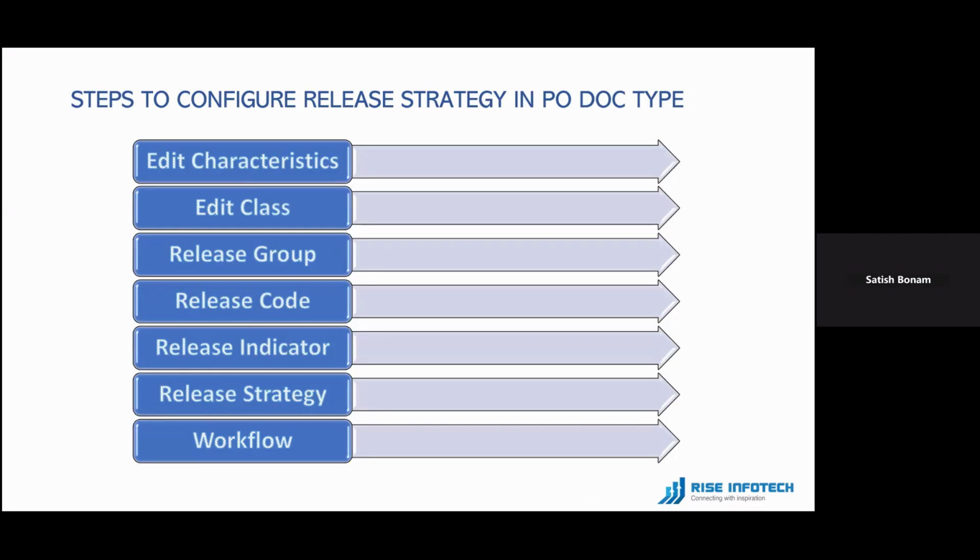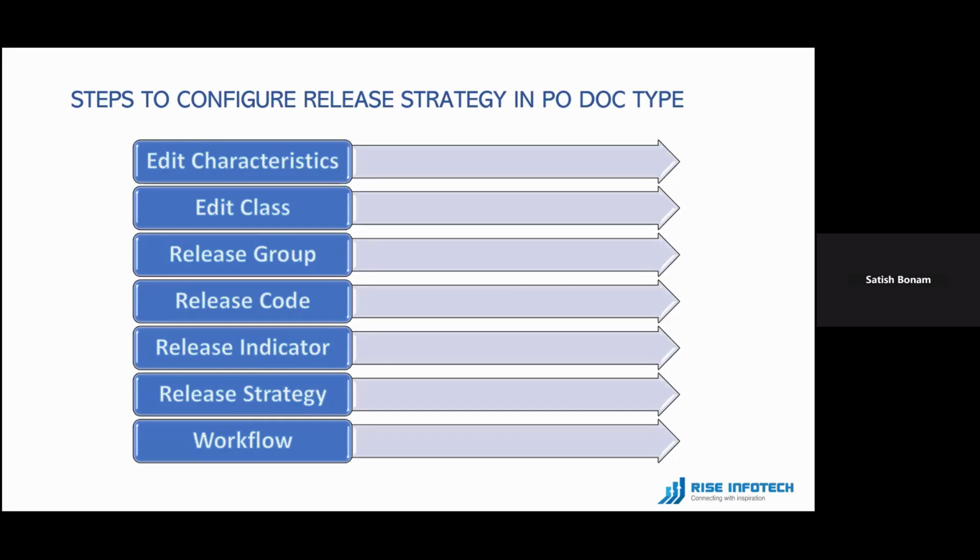The first one, edit characteristics. A characteristic is a qualitative term such as division, region, department, or company. And edit class. A class groups together similar objects described by the same characteristics.